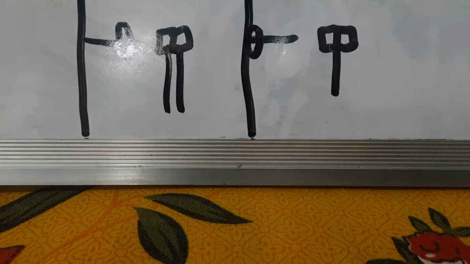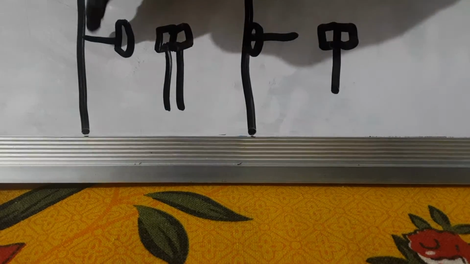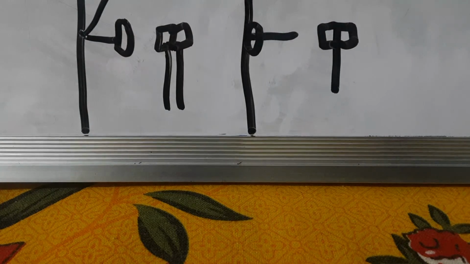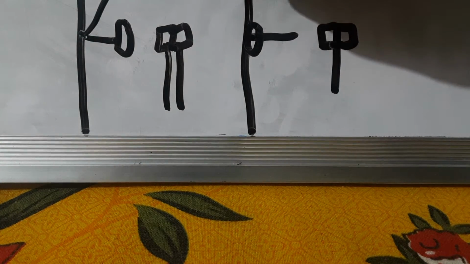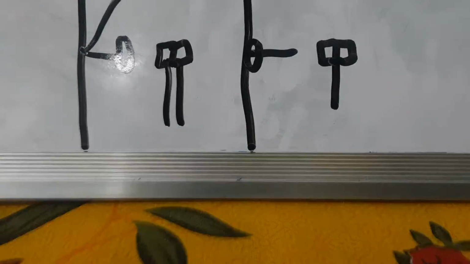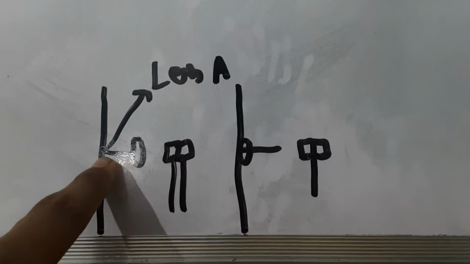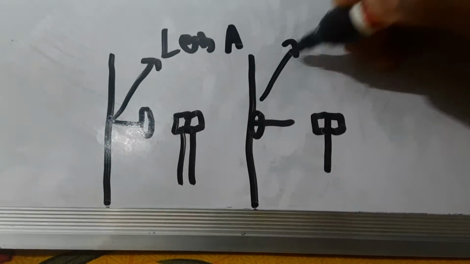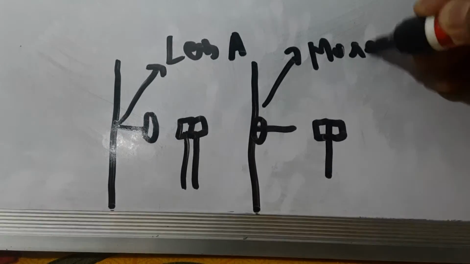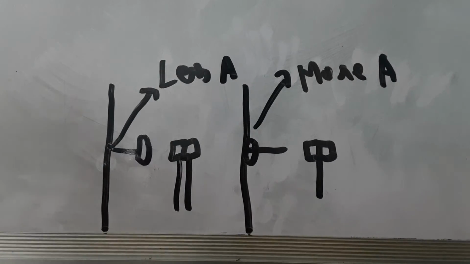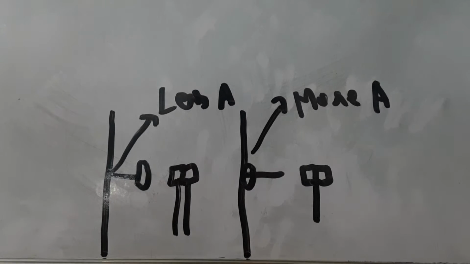Here, as you can see, this point has less area on the wall, and the area here is more. There is a difference: one has less area and one has more area.